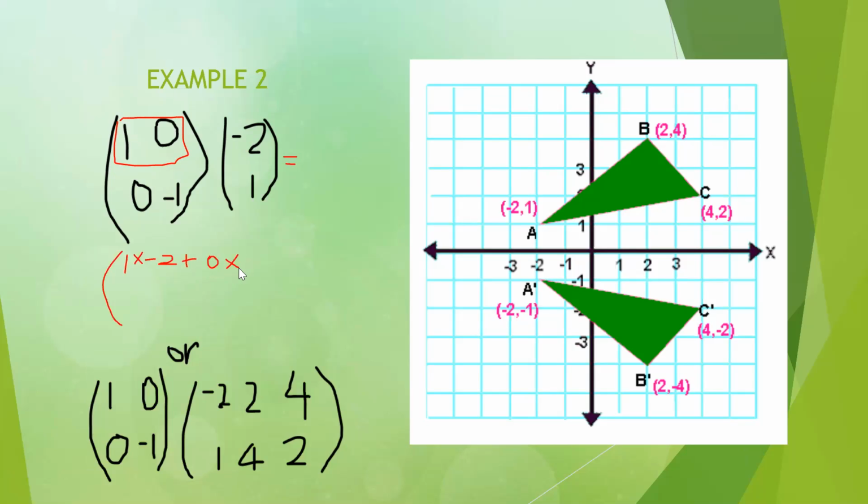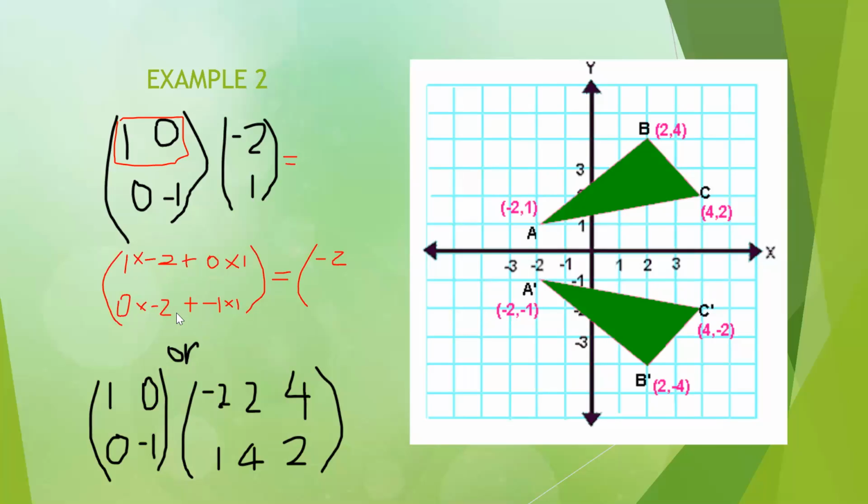That's our top, that's our x value. And our bottom, use the bottom row, 0 times -2 plus -1 times 1. Okay, and let's do the working quickly. So that's -2 plus 0, so that's -2.